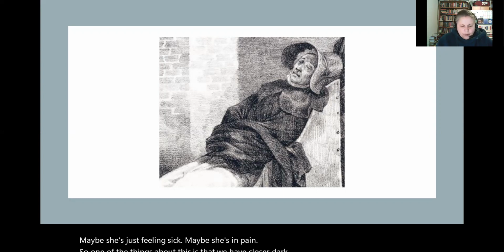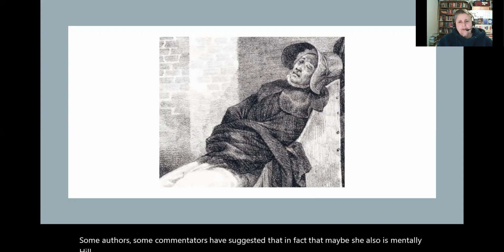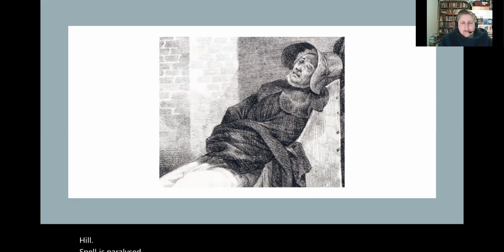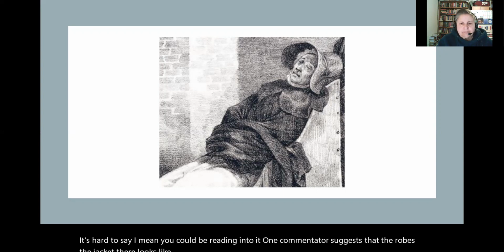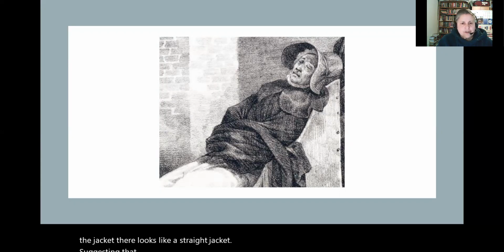Some authors, some commentators have suggested that maybe she also is mentally ill as well as paralysed. It's hard to say. I mean, you could be reading into it. One commentator suggests that the robes, the jacket there looks like a straitjacket, suggesting that she's a mentally ill patient that's being transported out of the asylum, or maybe indeed into an asylum.